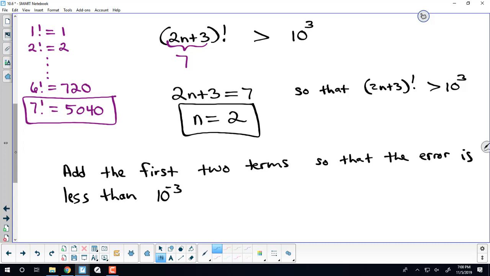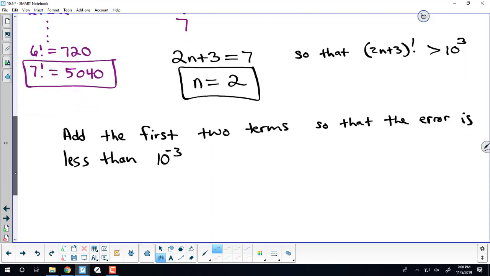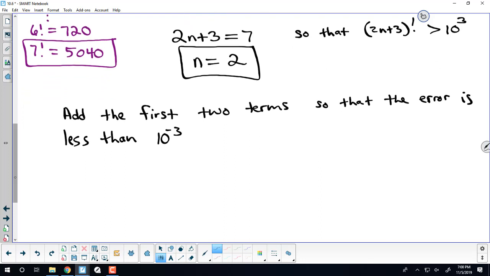That's kind of all we're doing in 10.6. I just want to know how many terms we have to add up. I don't think they ask for particular sums. If we want to guarantee that the error is less than 10 to the negative 3, all we have to do is add up the first 2 terms of that series.